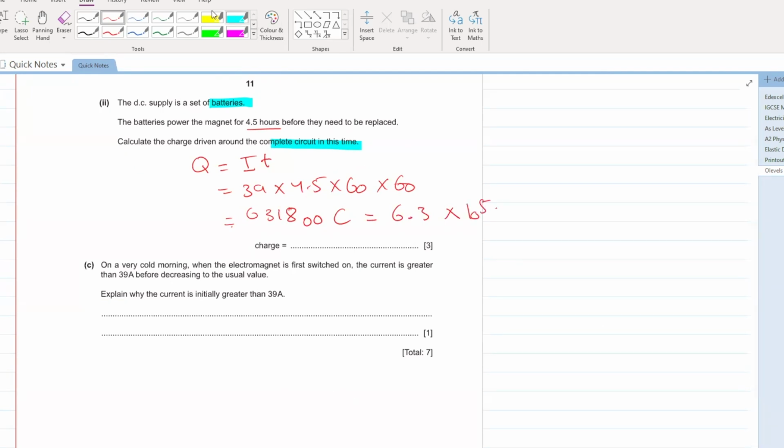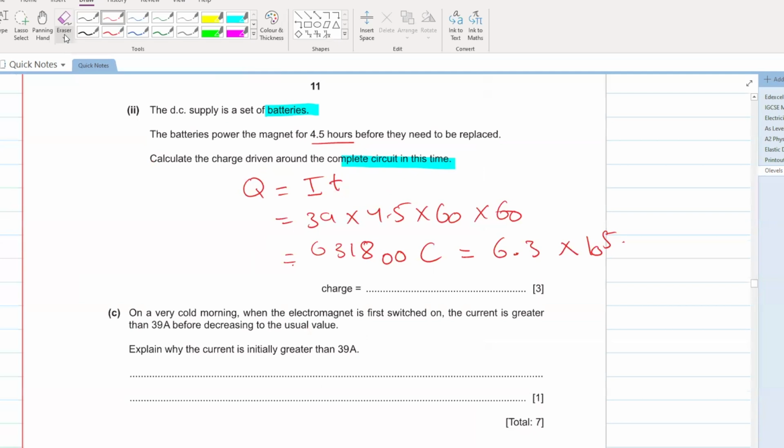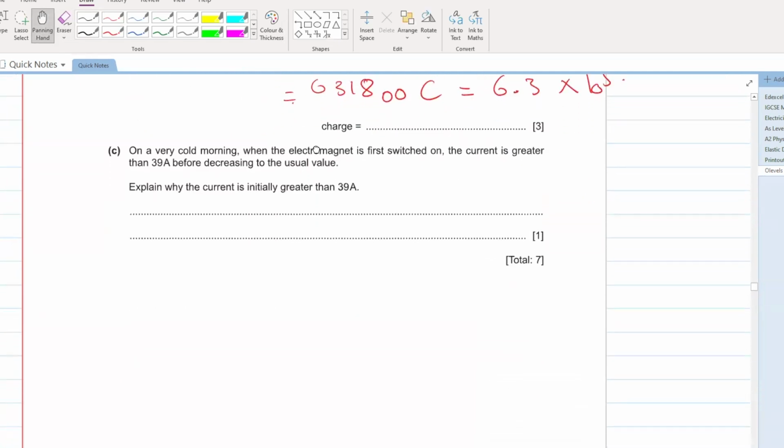On a very cold morning, when the electromagnet is first switched on, the current is greater than 39 ampere before decreasing to the usual value. Explain why the current is greater than 39 ampere initially.